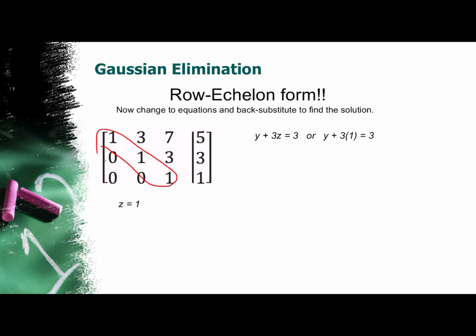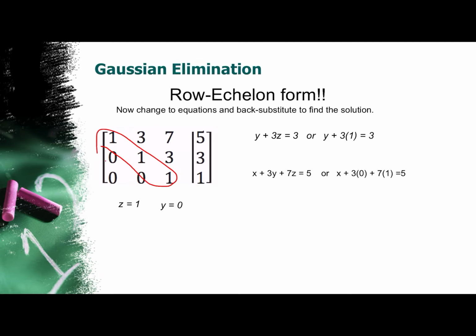That means y has to be 0. And then the last one I would do x plus 3y plus 7z equals 5. That's coming from the top row.